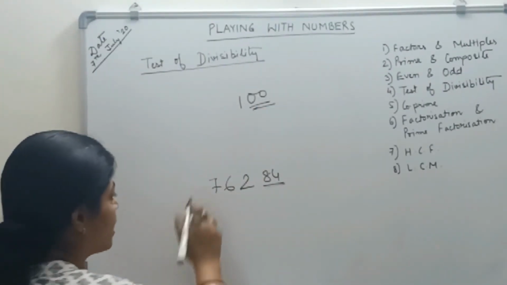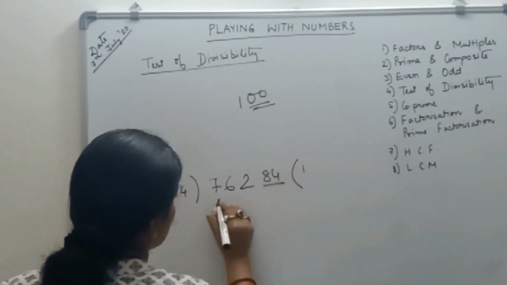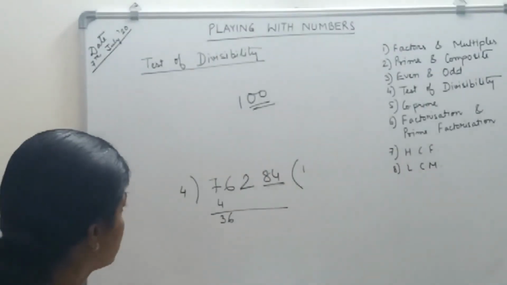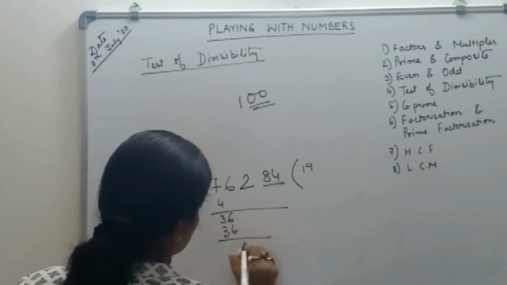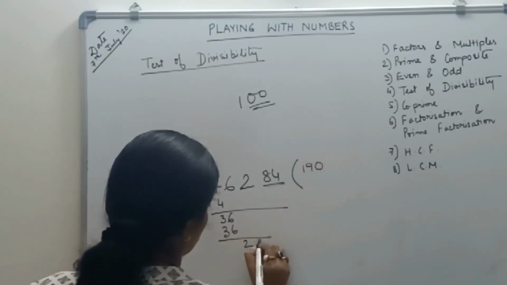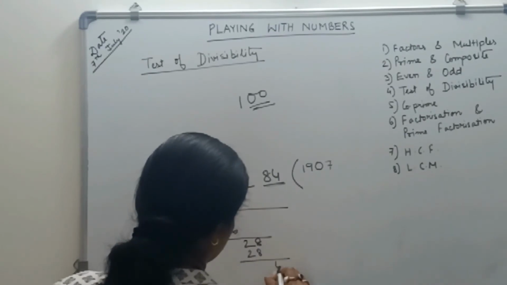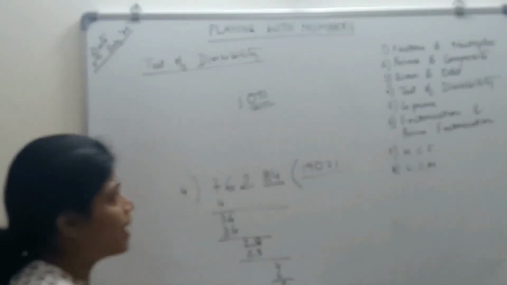So can we check it? Yes, let's check it. 4 ones are 4, so remaining 36. 4 9s are 36. So it is divisible by 4.